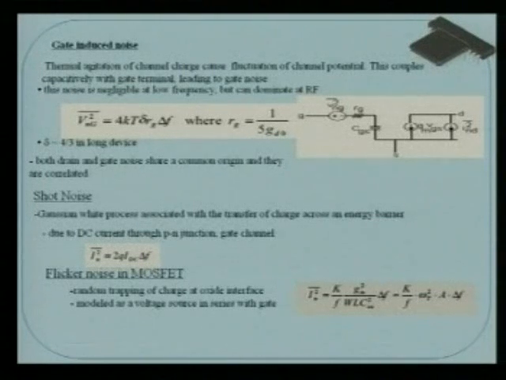Because of the high frequency operation we know there is gate induced noise, but how do you put it in your Cadence platform, in your simulation platform? You just think about what noise can be created if there is a series resistance added to my MOS device at the gate.